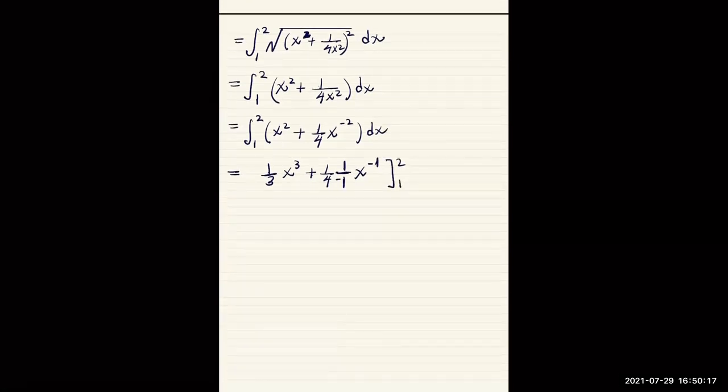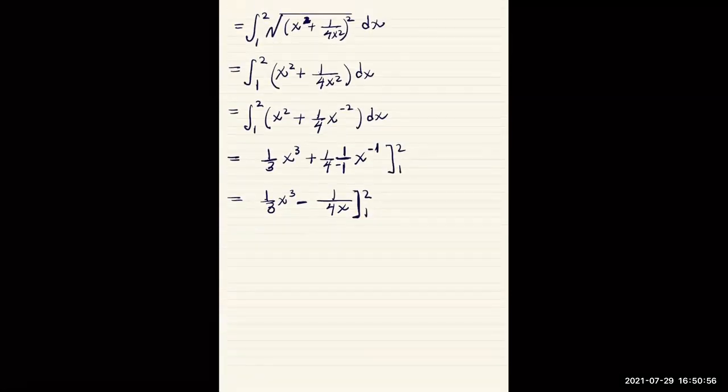Fundamental theorem. So just plug in. 1/3 times 2 cubed. And here I have a negative 1 times 1/4, so that's just negative 1/4. And x to the negative 1 is the same as 1 over x, so that's minus 1 over 4x. The x goes in the bottom, the power becomes positive.